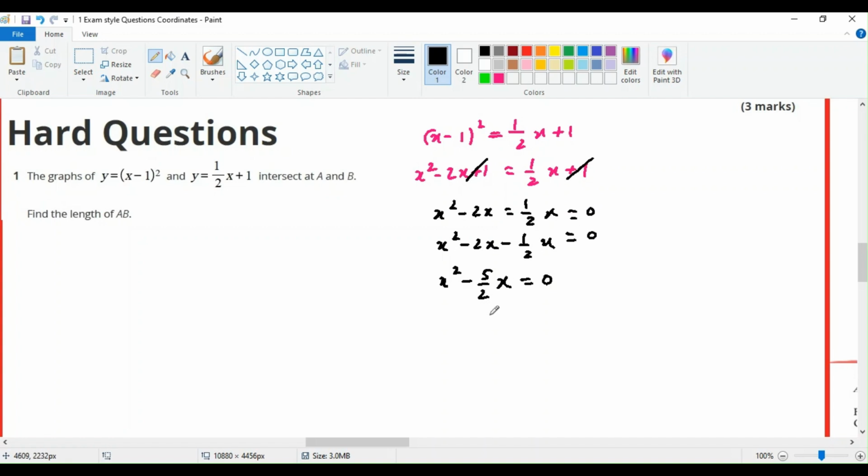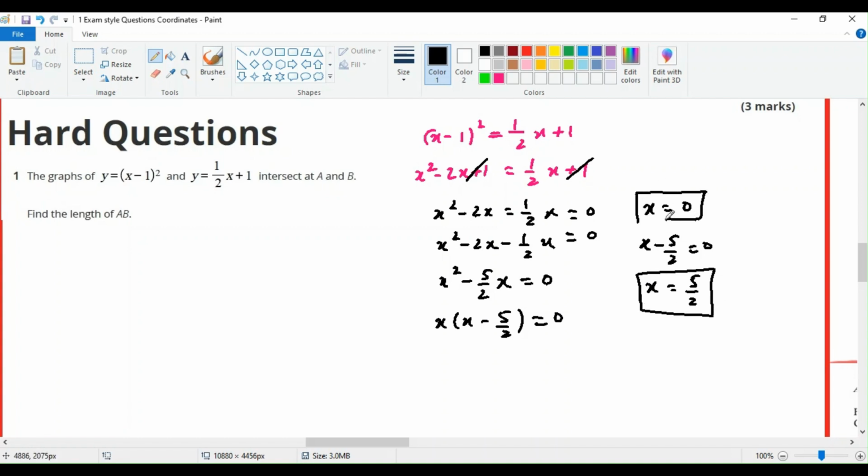That means once we find the common factor, it's going to be x minus 5 over 2x equals 0. So that means the first value of x is equal to 0, and for the second value, x minus 5 over 2 equals 0. That means the second value is going to be 5 over 2. So these are the two x coordinates we have found just now.